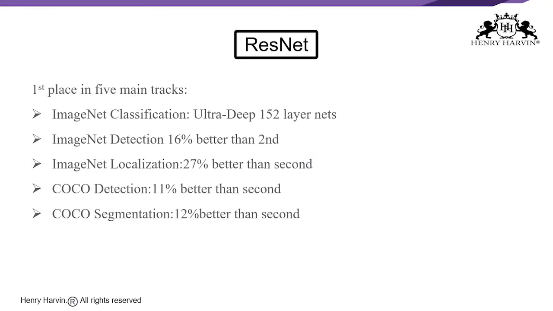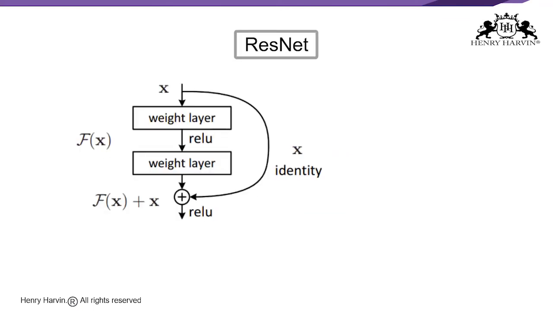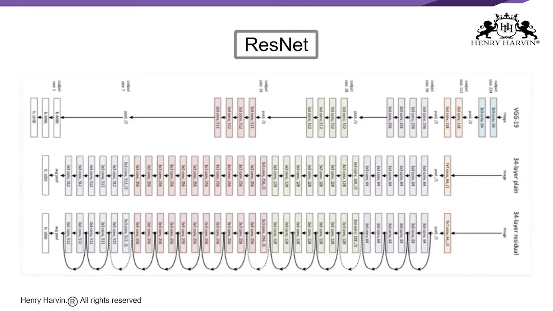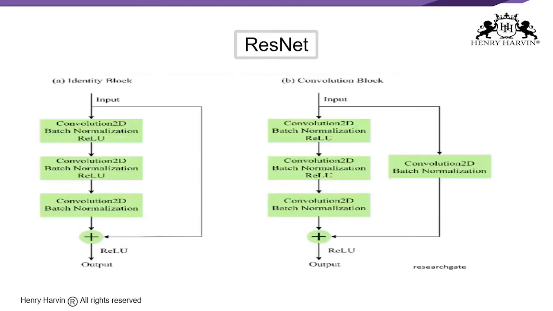So what we have seen is that ResNet took first place in all 5 main tracks: ImageNet classification, ImageNet detection, ImageNet localization, COCO detection, and COCO segmentation. We have seen how this part is done, and how the 34 layer residual network is different from VGG 19 and the 34 layer plain network.